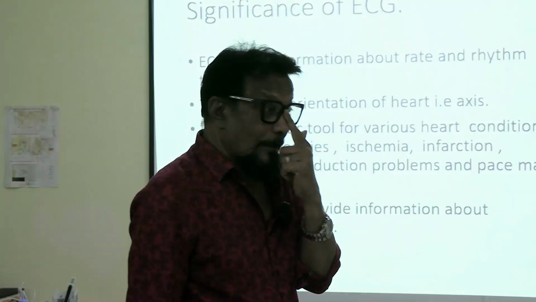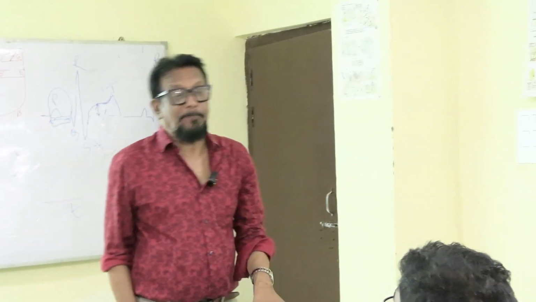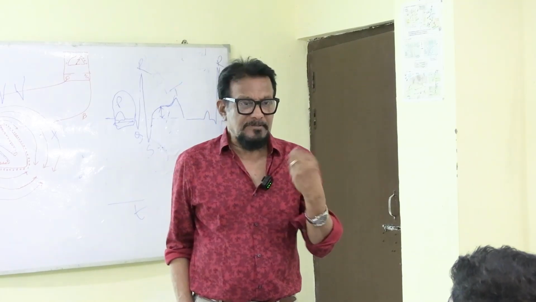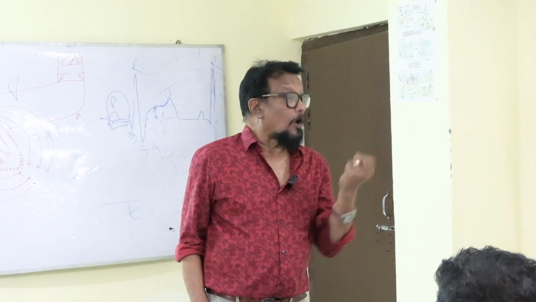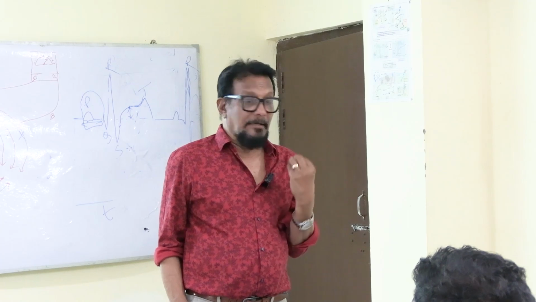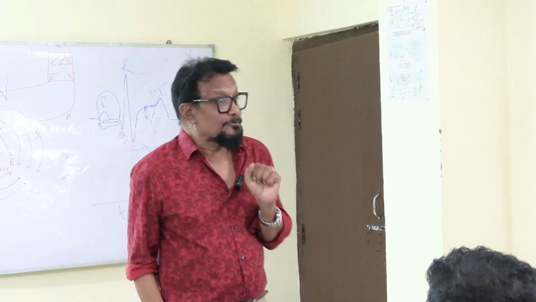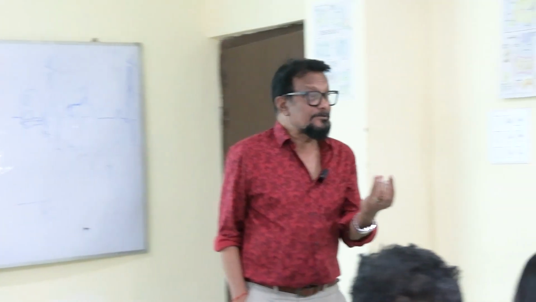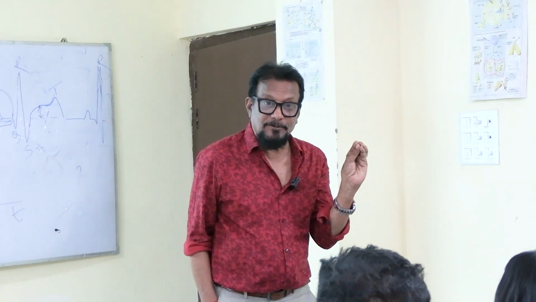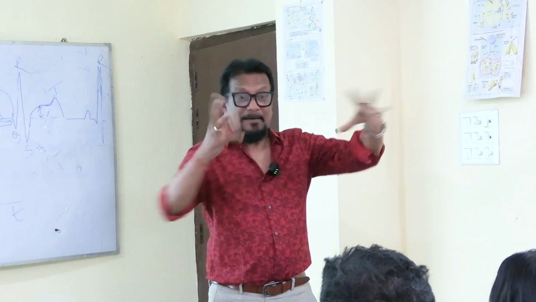And also we can diagnose one thing. Some patients will say, sometimes I feel my heartbeat is missing. There is dropping of a heartbeat; one heartbeat is missing. The patient can experience this. This is because the impulse is not generated in the SA node, nor in the AV node. It is generated for a moment in some other place of the heart.